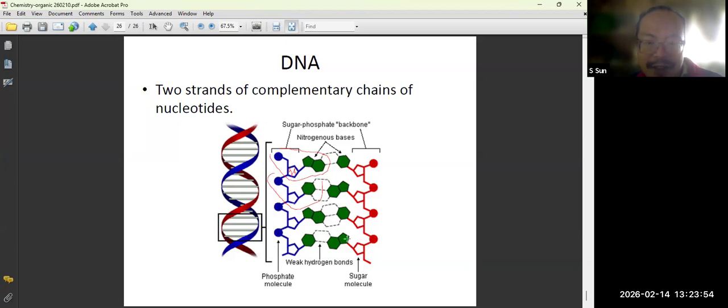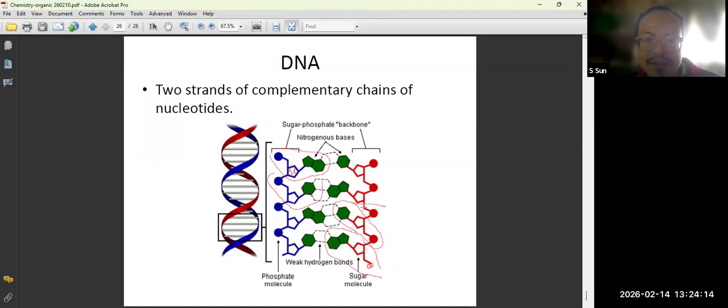And also here, four nucleotides attached to each other. On the other side, you have another one. So here is the nucleotide. This one should be a phosphate right here, and the sugar attached to it. So that's another one right here.